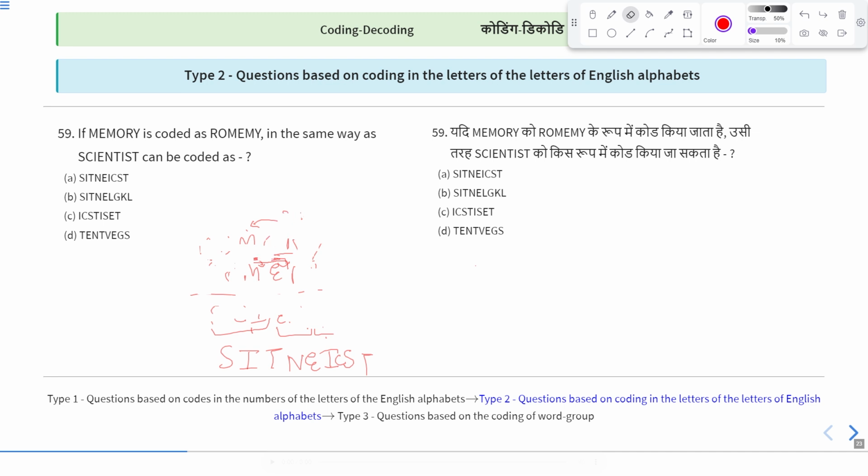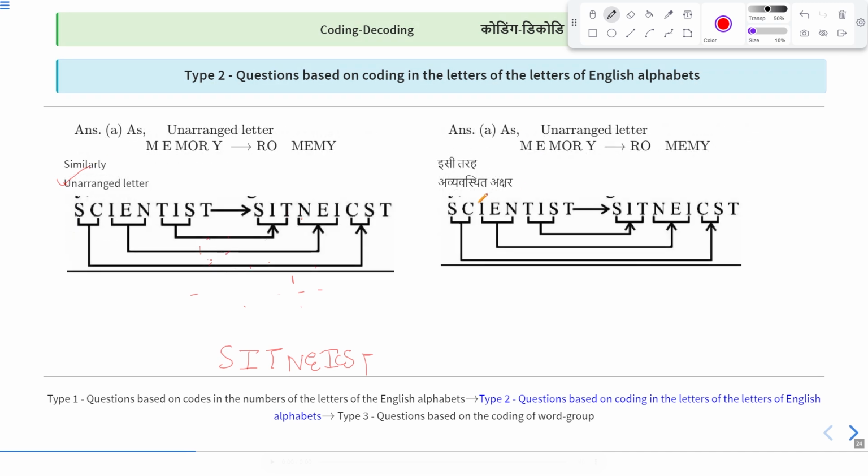SIT, NEI, CST, that's A. SIT, NEI, CST, yeah.